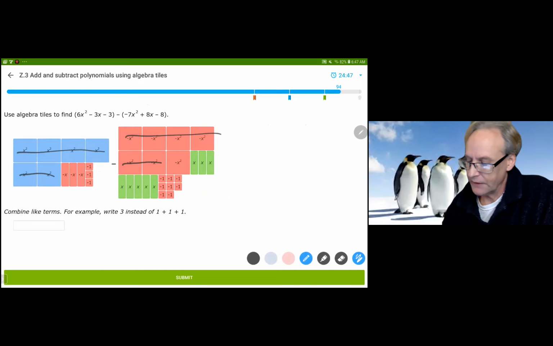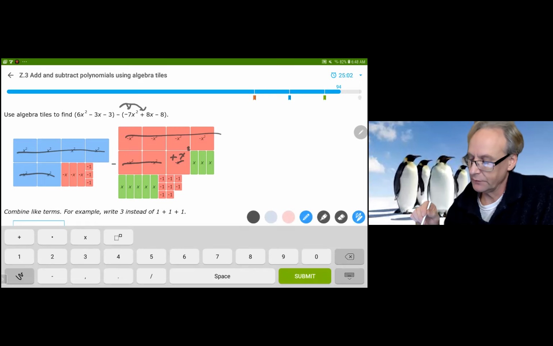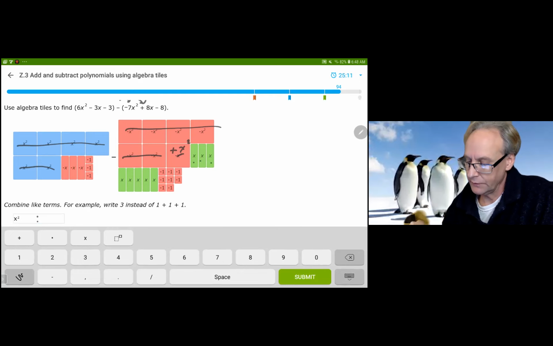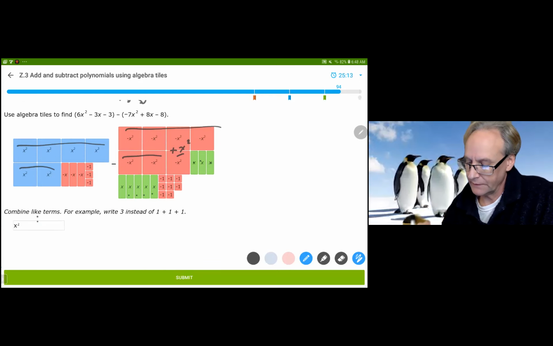And subtracting means changing the sign as well. So that's a positive x squared. One way to think of it is that we're adding 7x squared. We're subtracting 8x, which gives us a minus, well, let's go ahead and put it in. Let's put in our x squared first. And then we're going to have 1, 2, 3, 4, 5, 6, 7, 8, 9, 10, 11 x's, minus 11x.